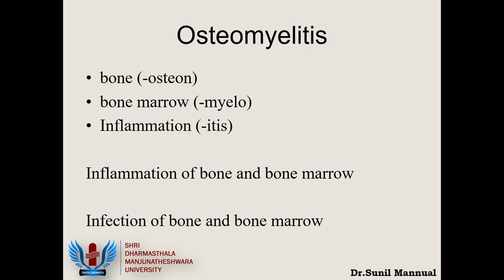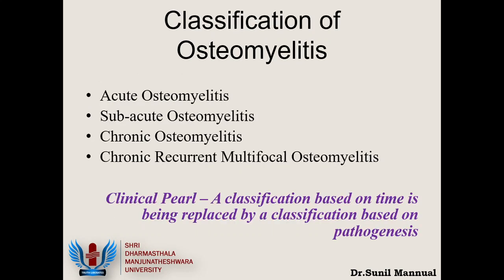However, normally we see that infection is the most common reason for inflammation of the bone and bone marrow. Therefore, the word osteomyelitis, though technically it means inflammation, is in day-to-day practice used interchangeably with infection of the bone and bone marrow. So coming to the classification of osteomyelitis.